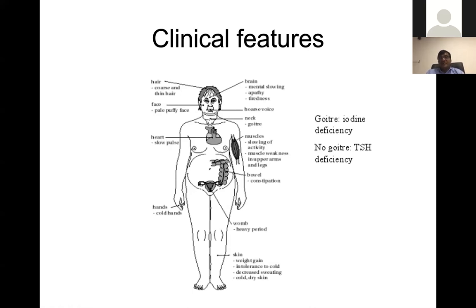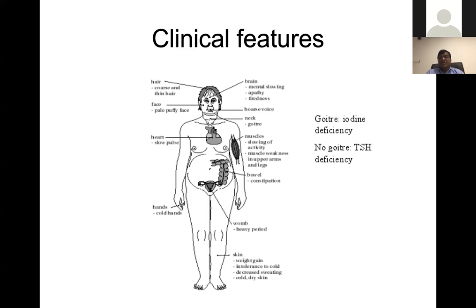When everything is slowed down, even our memory is slowed down, we can feel sleepy, our thinking becomes slowed down, you feel tired, sometimes apathetic. There's soft tissue swelling and also soft tissue deposition.